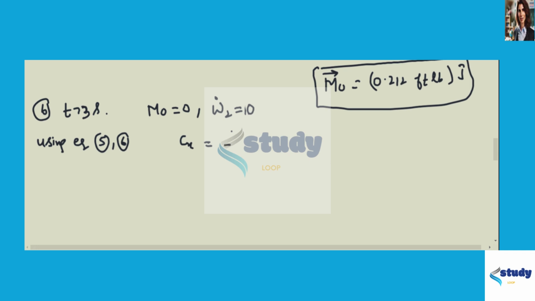Cx is minus 12.578 pound, Cz is 9.4332 pound, and Dx is minus 12.578 pound.